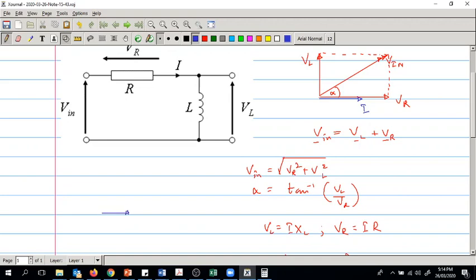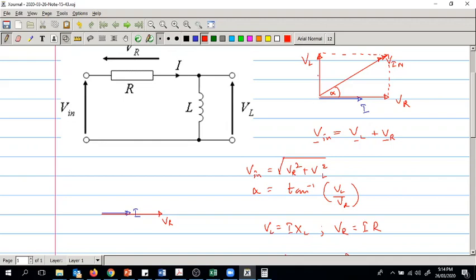I is taken as reference, right? So you draw VR all on the same direction. Why do we start with VR? It is because I and V are in the same direction for a resistor, so we go in the same direction. VR, you can start from there, VL.